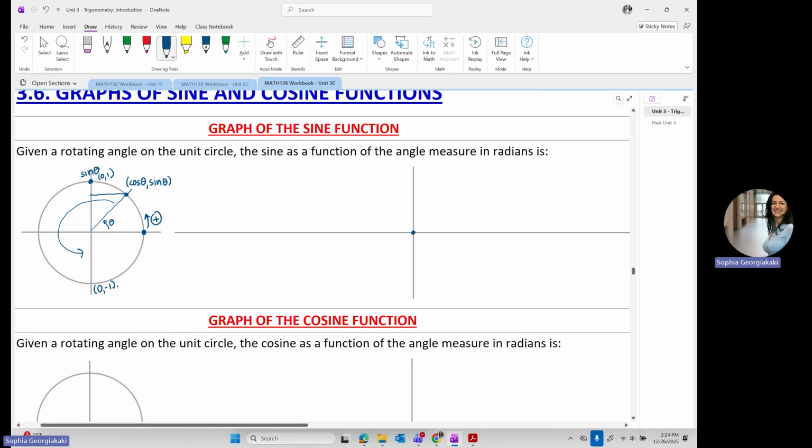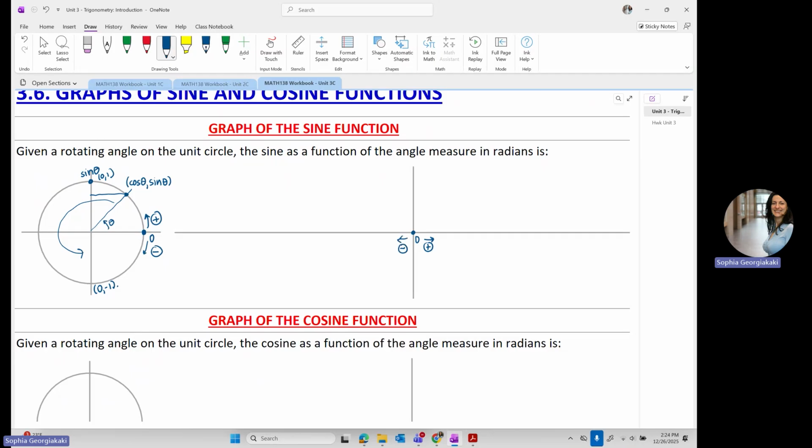Positive will be in the direction of counterclockwise, starting at 0 rotation, and a negative will be going clockwise. So 0 rotation is here, positive is in this direction, and a negative is in this direction.